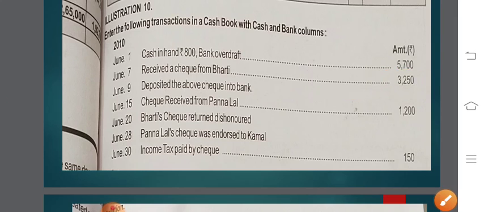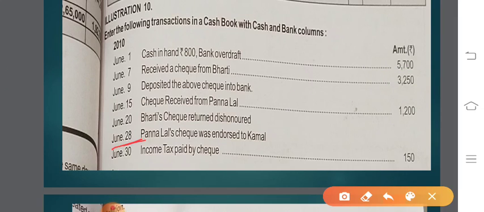check received from Pannalal here on 15th June. But again I said here that whenever you receive check, just check in the other lines that is there any information regarding that check. So yeah, on 28th June we have Pannalal's check was endorsed to Kamal.